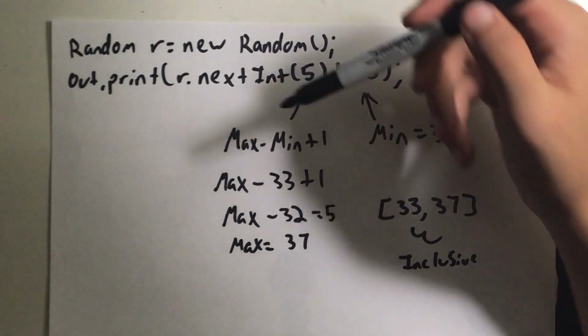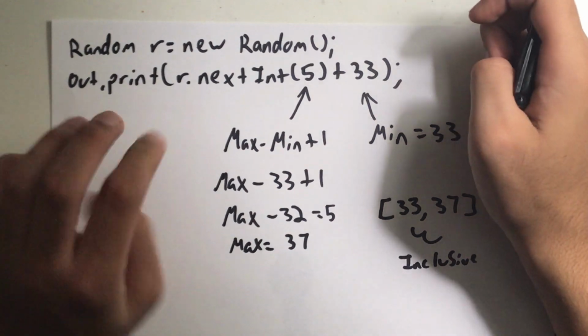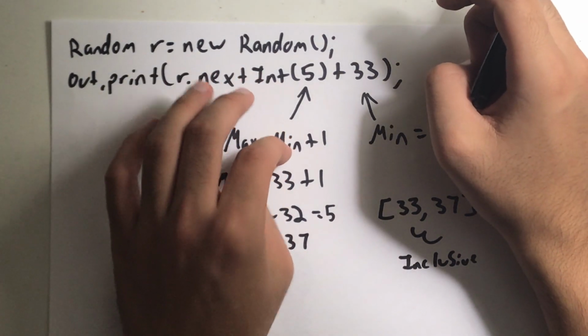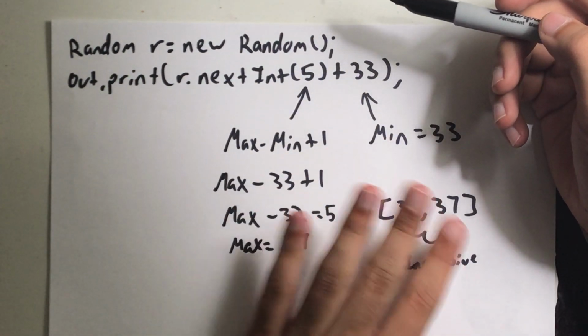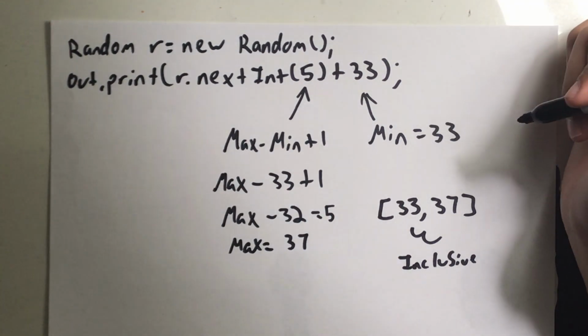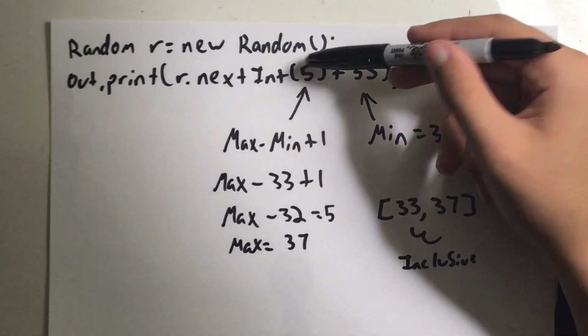So they might give you A is 34, B is 36, D is 37, and E is 31. Which one of these is not part of the interval? Then it would be E, 31, right? So that's how you do it. Again, min, max minus min plus 1.